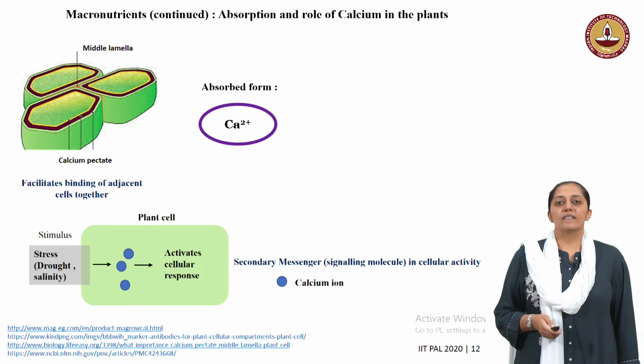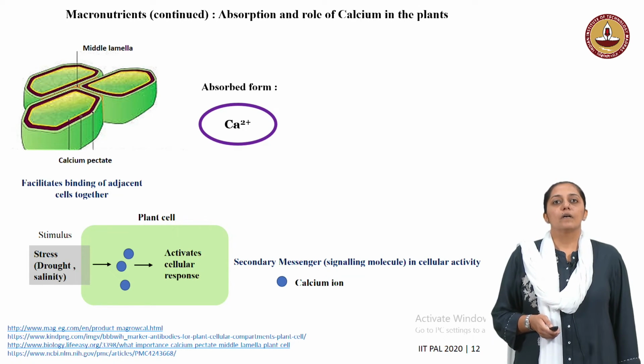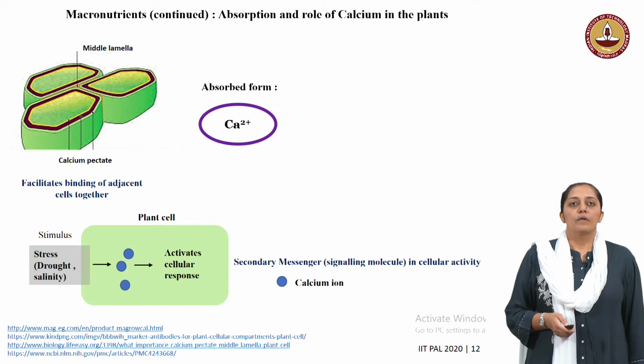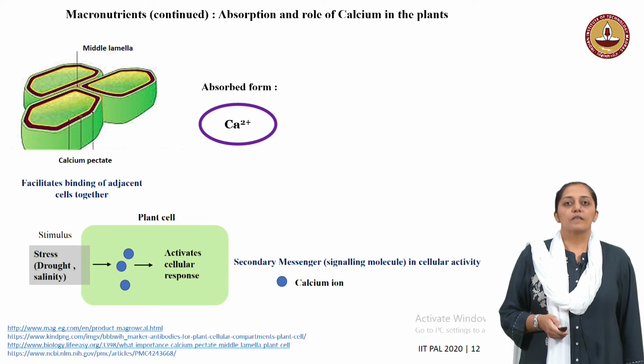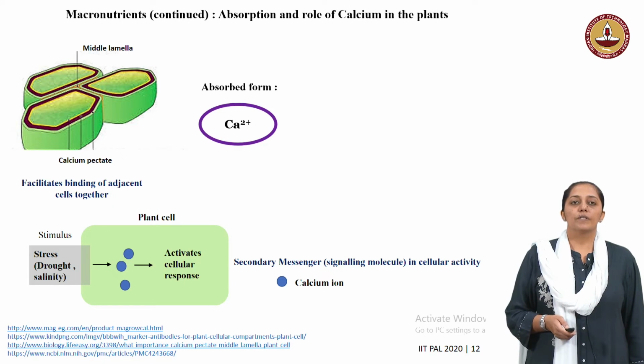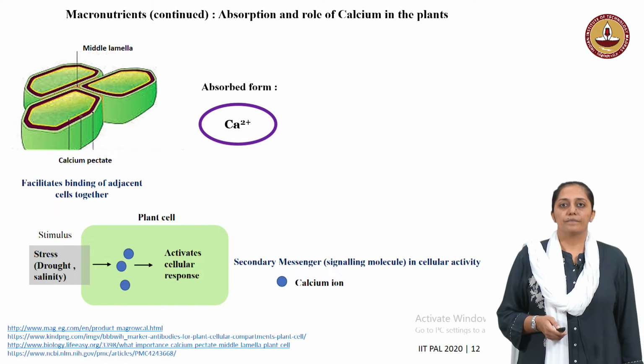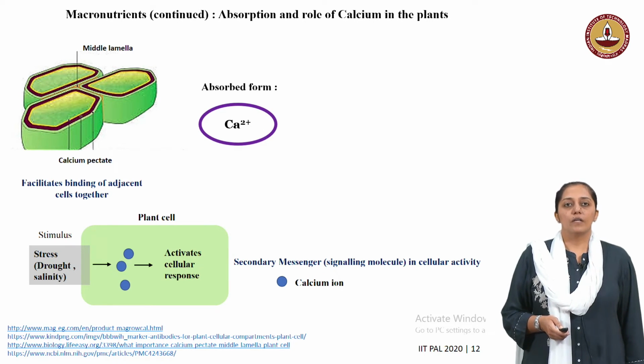It also acts as a secondary messenger, a signaling molecule which activates the cellular response towards stress conditions like drought and salinity. So, calcium ion is also called a secondary messenger which regulates cellular activity.